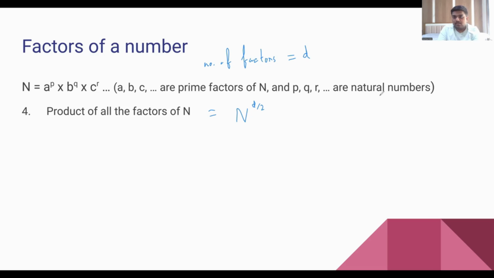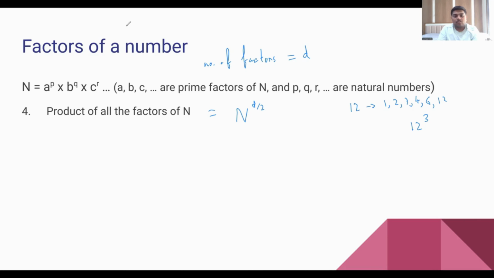For example, we had the example 12, and the factors were 1, 2, 3, 4, 6, and 12. So the product of these is 6 fours are 24, 24 sixes are 144, 144 into 12, which is 12 to the power 3. And yes, since the number of factors is 6, 12 to the power 6 by 2, which is 3. So this formula is also verified.